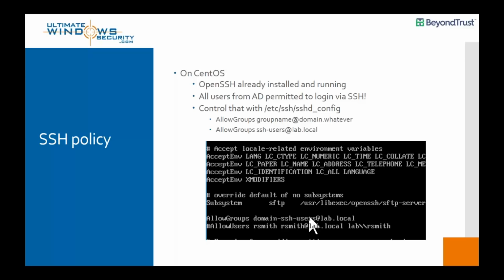It's only going to look at the immediate user account members of that group. All right, so now what we've done is we've backed off access to Secure Shell from Active Directory accounts to only those members of this group right here, and that's good.